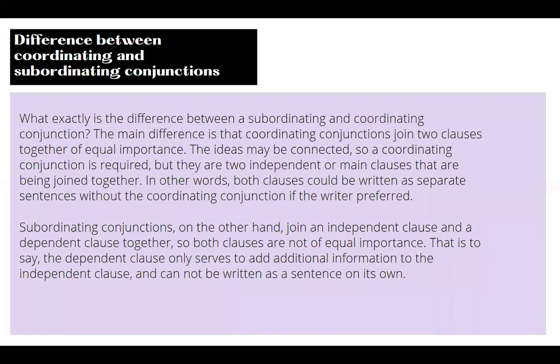In other words, both clauses could be written as separate sentences without the coordinating conjunction if the reader preferred. And subordinating conjunctions, on the other hand, join an independent clause and a dependent clause together. So both clauses are not of equal importance.